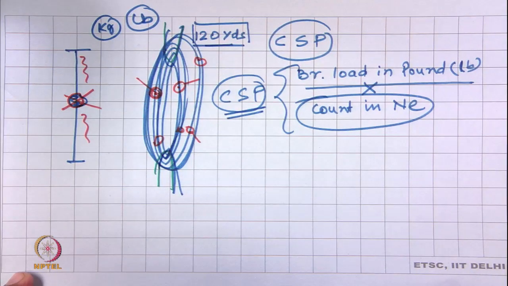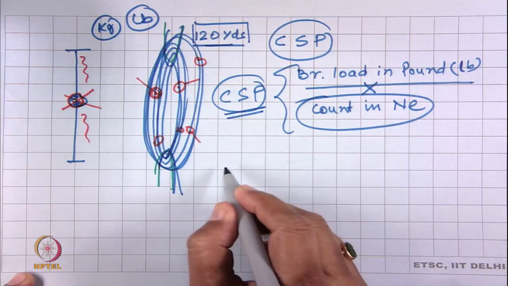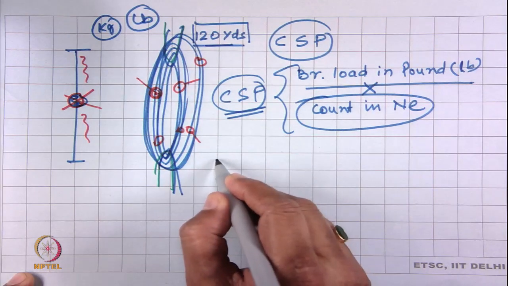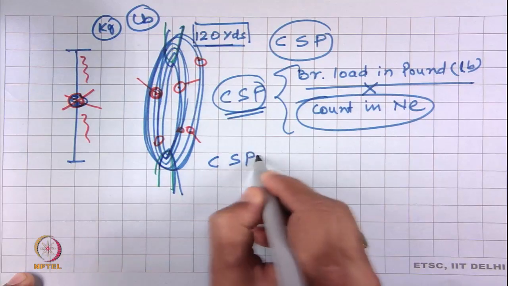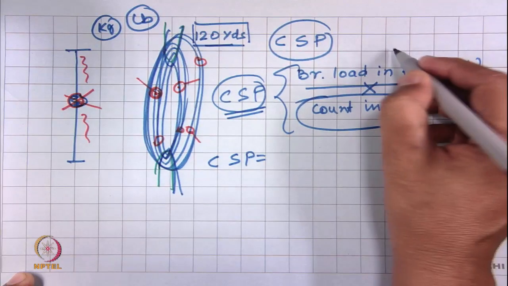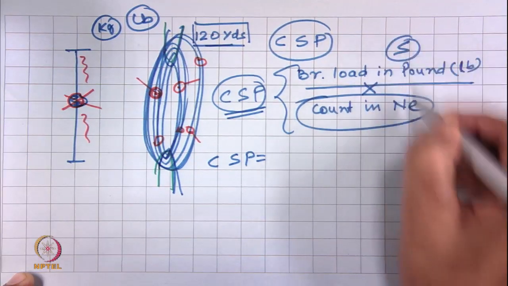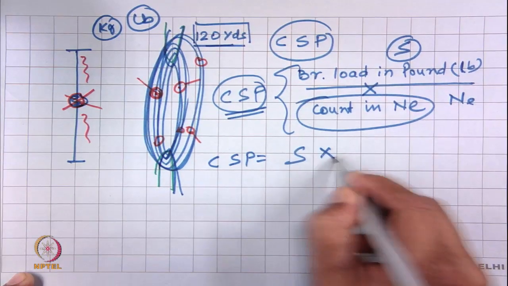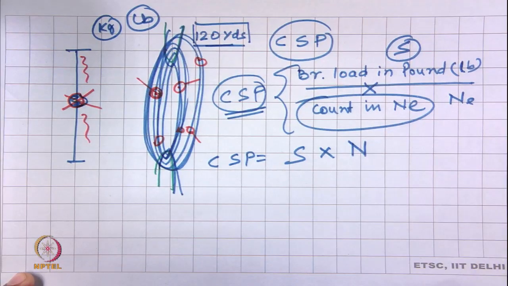Now, you can see CSP is nothing but the strength in pound and the count in Ne. So, S multiplied by N, say Ne.